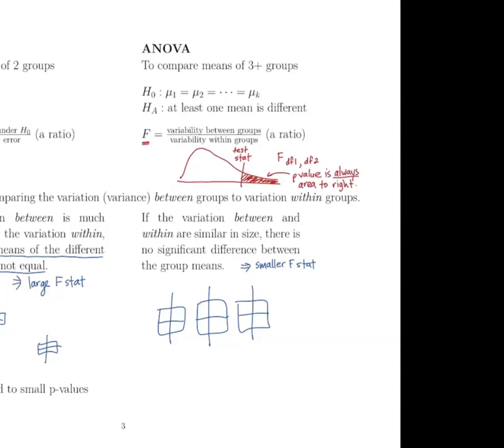Okay, but the same things are going to usually apply. So large test statistics are going to lead to small p-values. When we get small p-values, that means that we're going to reject the null hypothesis that the means are the same, and we'll have significant evidence for the alternative, that at least one mean is different. So a lot of the steps here follow the same. We have a null and alternative hypothesis, a test statistic that follows a particular distribution, we work out a p-value, and we make the decision to reject or not reject.